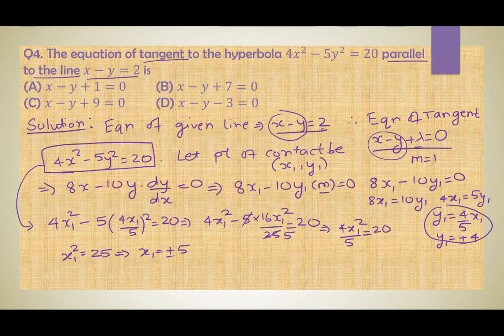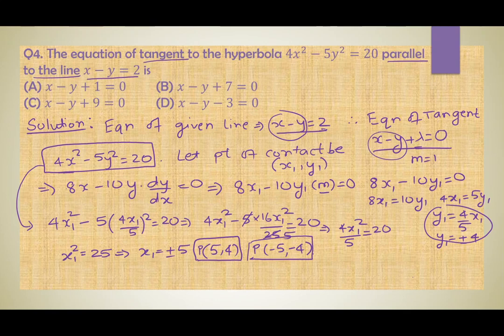So either the point of contact is 5 comma 4, or it is minus 5 comma minus 4. Depending on your options, you can substitute either of the two points. The point of contact always lies on the curve, so it should satisfy the equation of the curve.